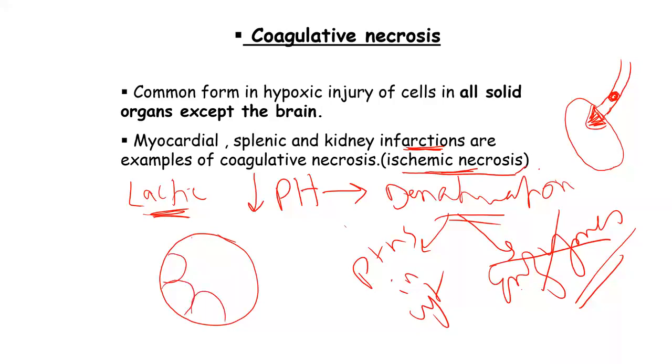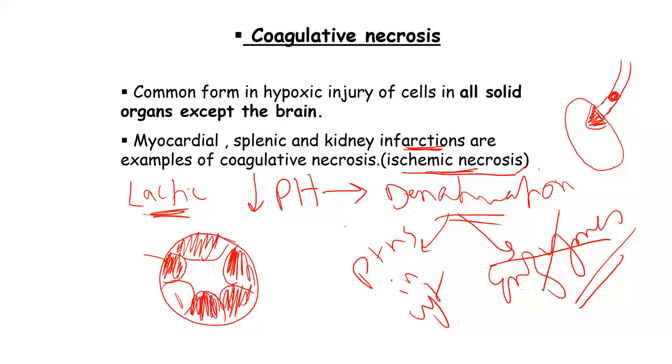The cell becomes solidified like the boiled egg, taking the shape or the appearance that it was put in. The cytoplasm becomes more eosinophilic. Why? Because the denatured protein takes more eosin.